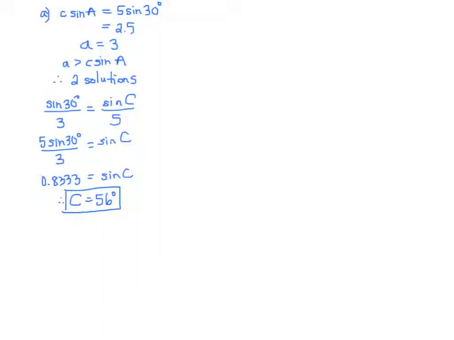So if angle C is 56 degrees, then we could find angle B, this will be our second step, by subtracting the angles we know from 180 degrees. So subtract 30, subtract 56, which means that one possibility for angle B is that it's 94 degrees.